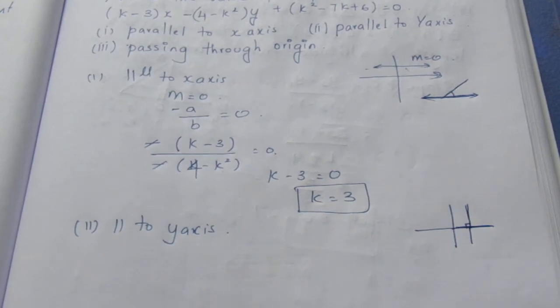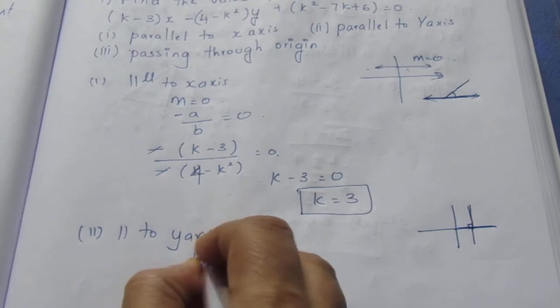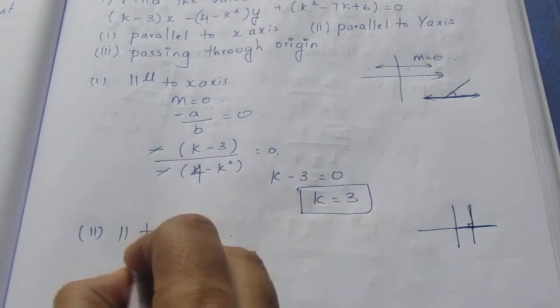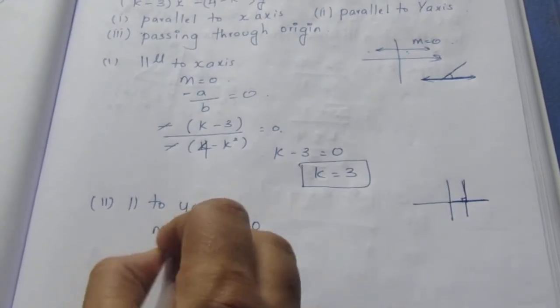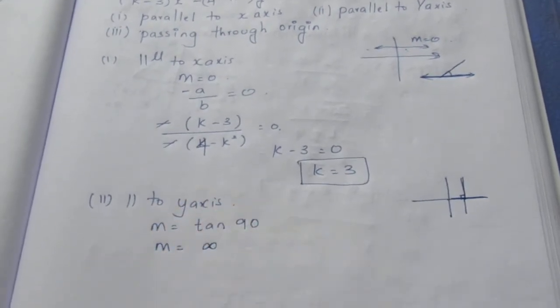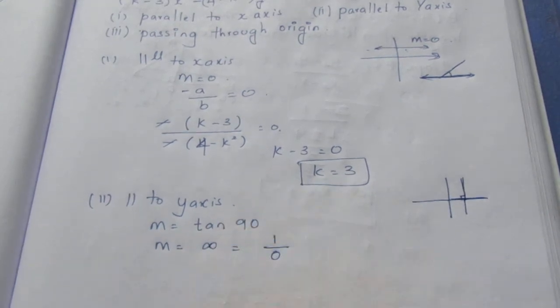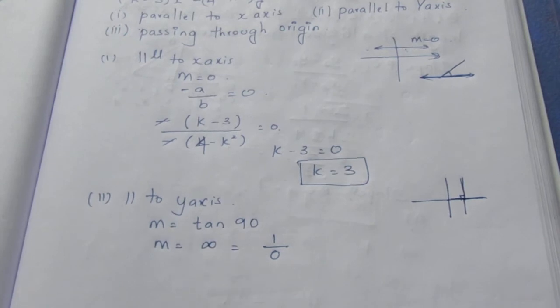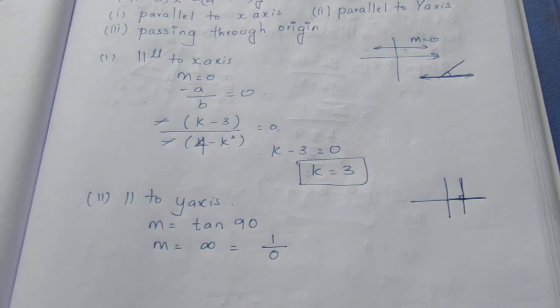That means slope will be, we know that m is equal to tan 90, which is not defined. So tan 90 is not defined. Not defined means we can write this to be 1 by 0. So instead of infinite, not defined, we can write that to be 1 by 0.